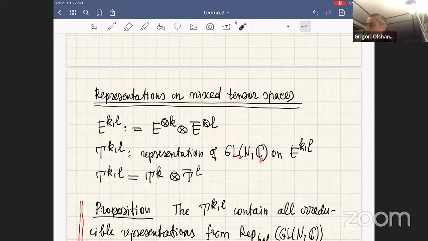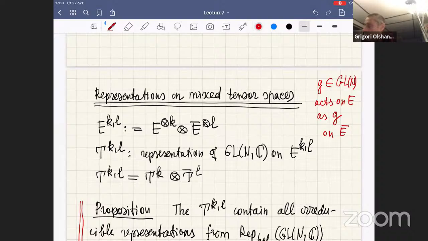Why are they complex analytic? In terms of this group, this means that an element G of GLN acts on E as G itself, and on E bar, it acts as G transposed raised to inverse, okay? And on the unitary group, this just means that we take the bar over G, okay?